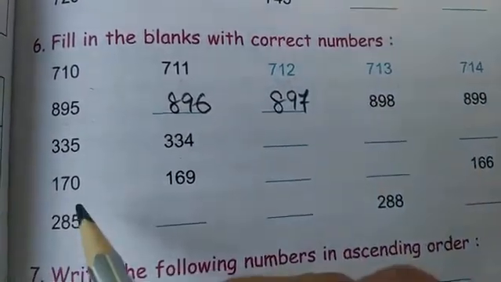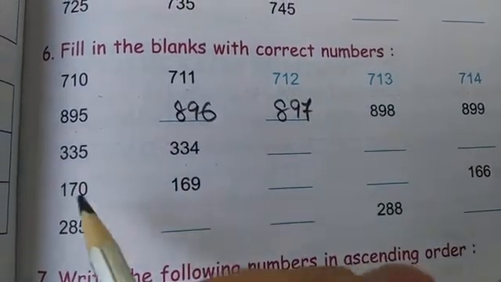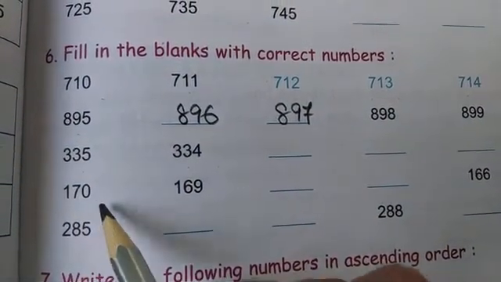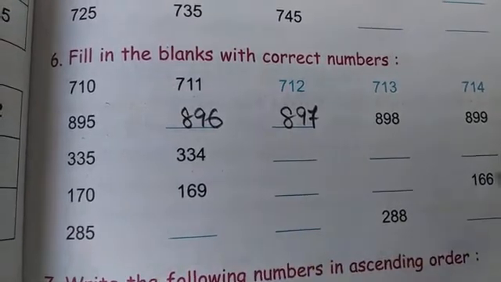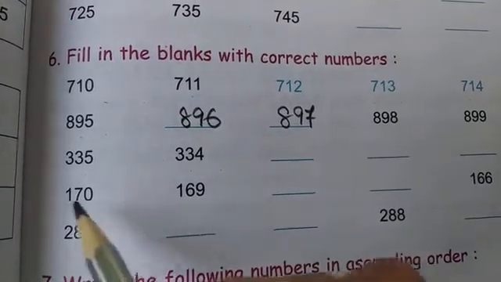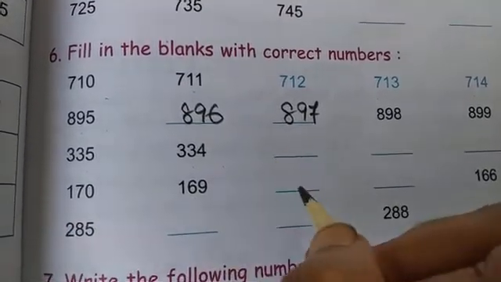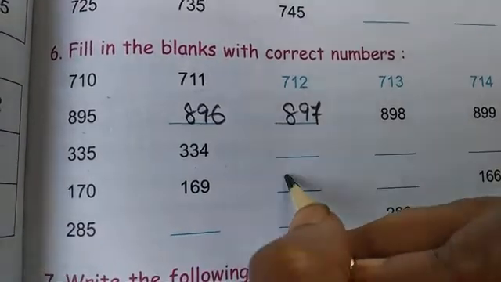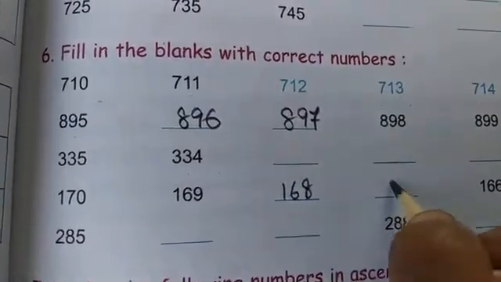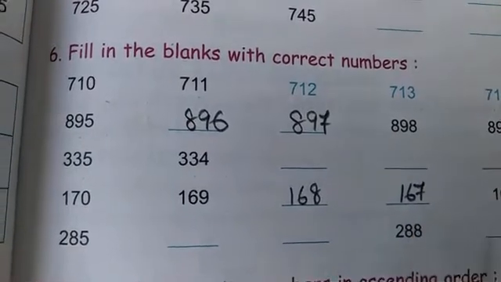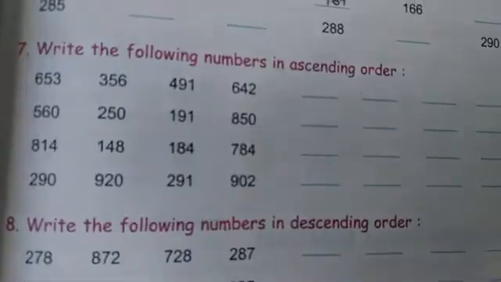Now here 170, then 169. It is backward counting. So 170, 169, 168, 167, then 166.